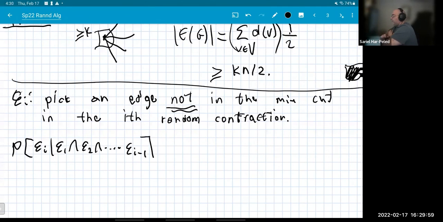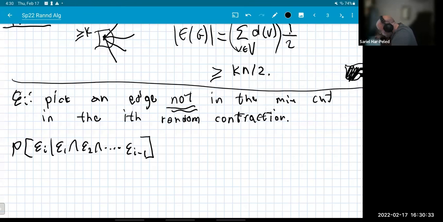The problem is that if you contract an edge in the min cut, then the cardinality of the min cut might have changed. The cardinality of the min cut remains the same only as long as you're not contracting an edge of the min cut. So the probability of E_i really makes sense only if you had not contracted any of those edges earlier.